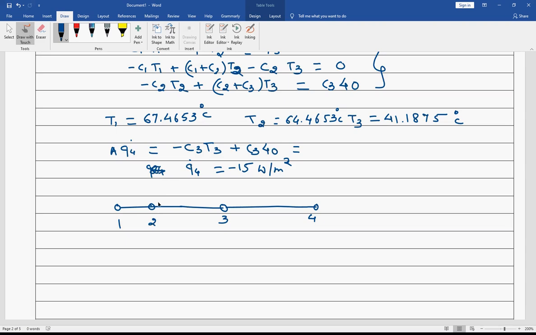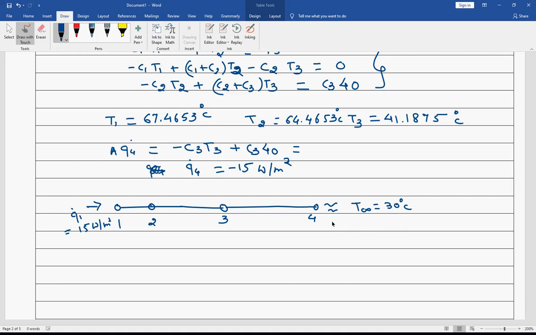These are the nodes. Now we apply Q1 dot of 15 watts per meter square. Now here the convective boundary exists, and the ambient temperature is, let us say, 30 degrees Celsius. That is my ambient temperature.